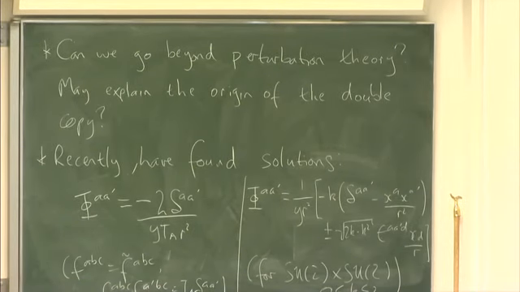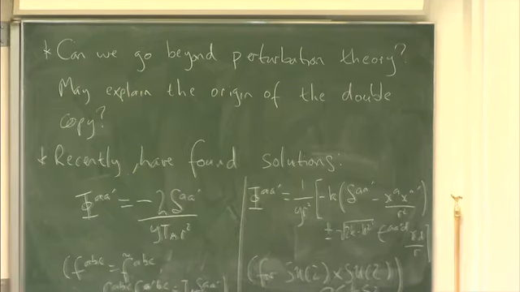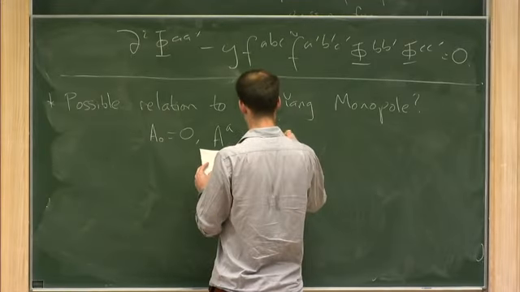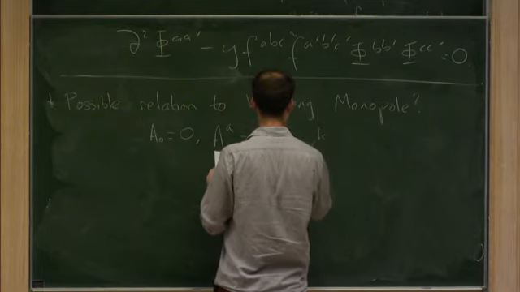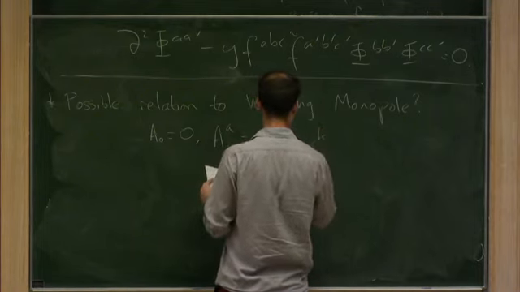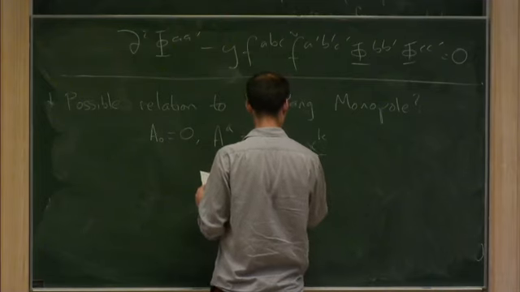And if I look at the SU(2) case, then you can find a gauge in which A_0 is 0 and A_i^a, so that's the space index, that's the color index, is minus ε_{iak} x_k divided by g r squared. Or I can call that g, which is what I've called it throughout the rest of the talk.